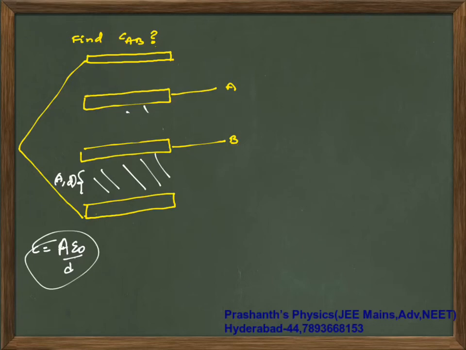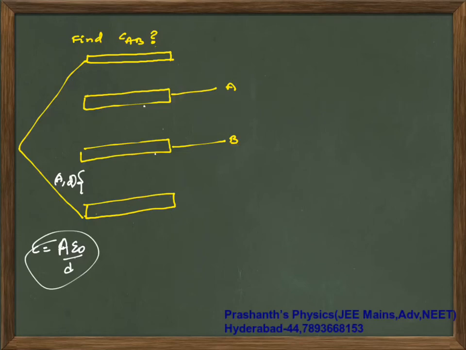Now if you are given questions related to plates like this, I'll give you steps for how you are supposed to do these kinds of questions. But remember, first look at how many capacitors there are in this figure.